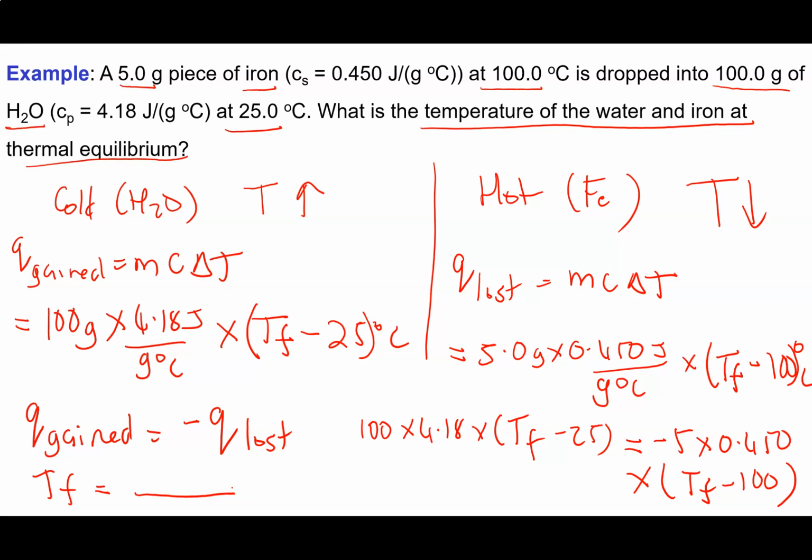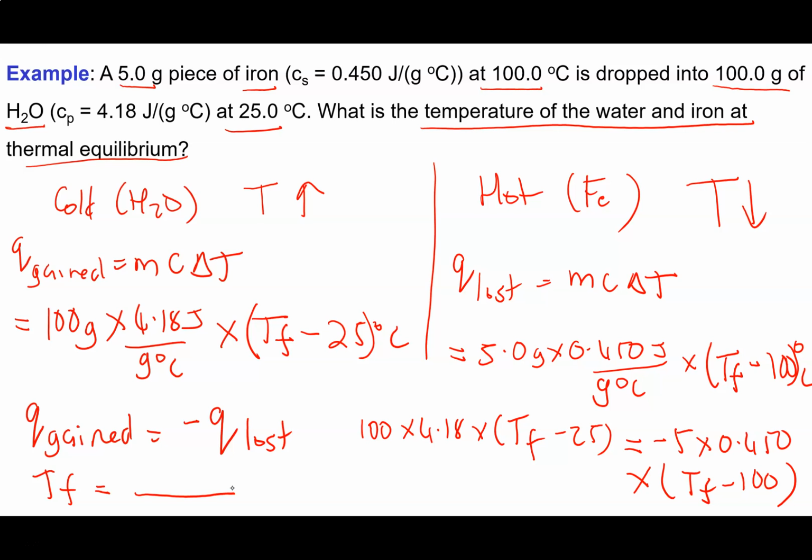What I find the easiest way to do this is to put it into an online solver, such as that found in Wolfram Alpha. So I'm just going to write this down now: 100 times 4.18 times T final minus 25 is equal to, and it's important, don't drop the minus, 5 times 0.45 times T final minus 100.